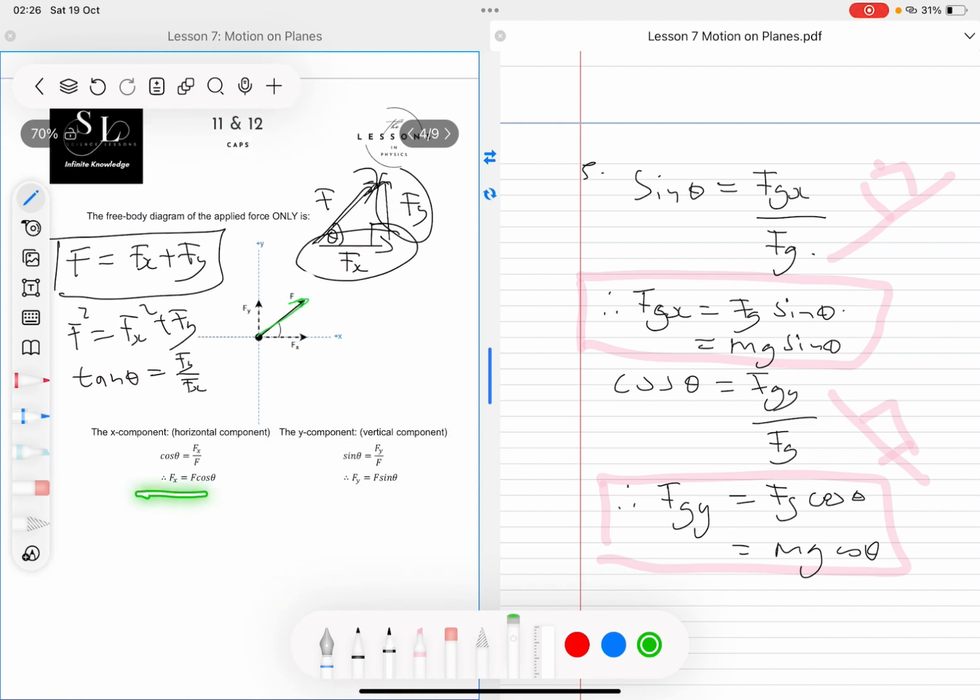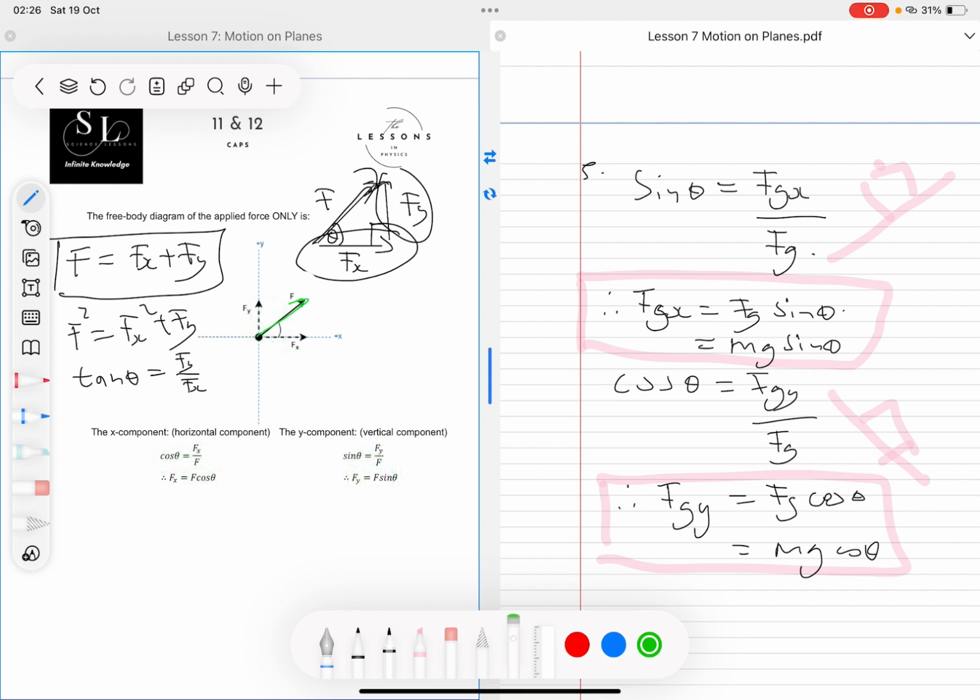these formulas can change. They are not always like this. They depend on where this force is pointing. If it's pointing in this direction, they will be like that. But if the angle were to be changed, maybe the angle is here, they will also change. Or if we put our force like that and we put the angle here, they will change.